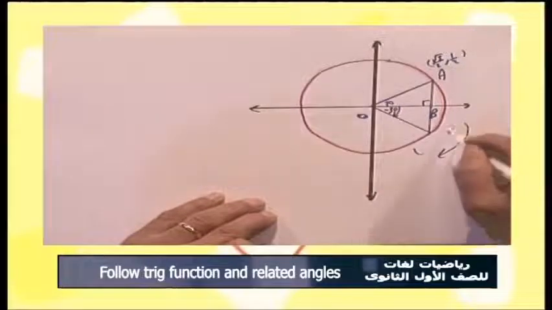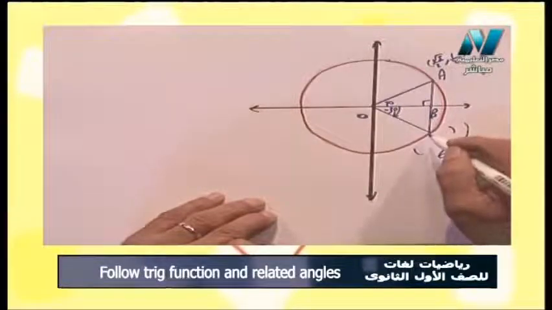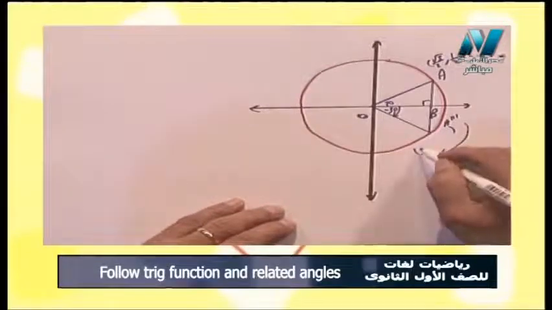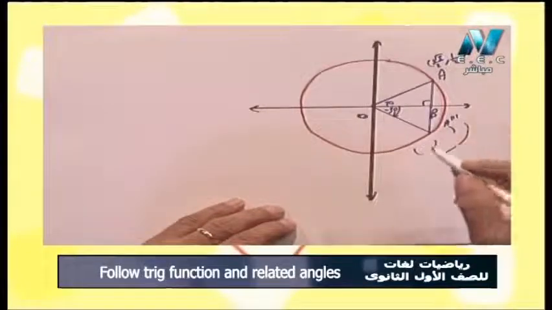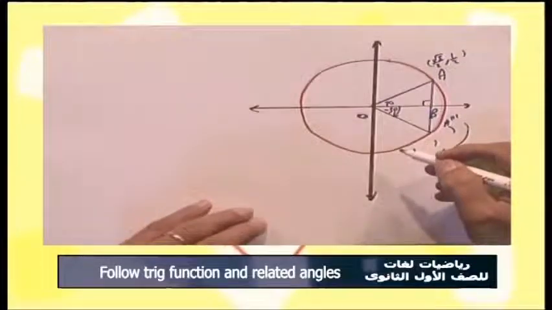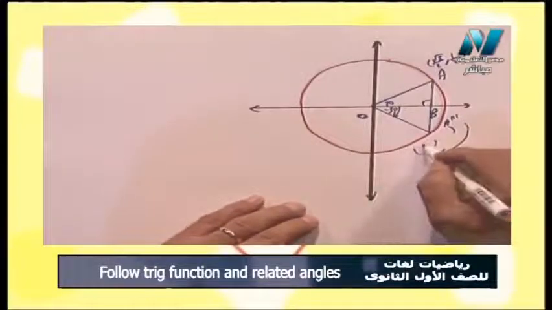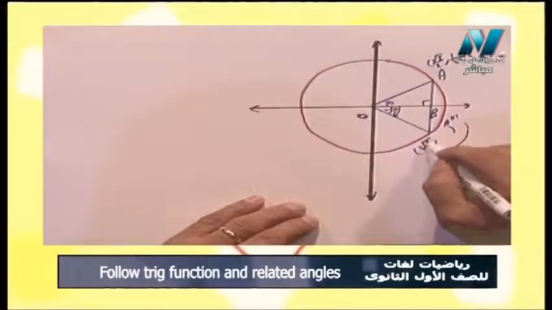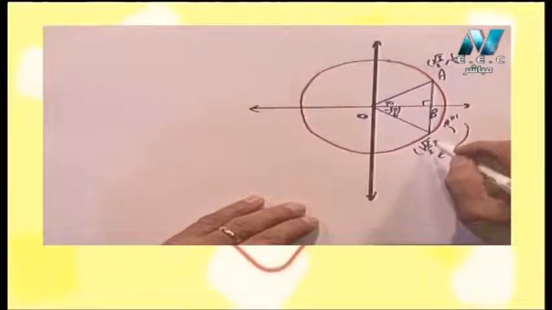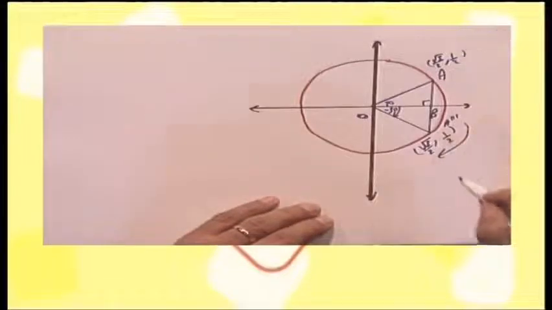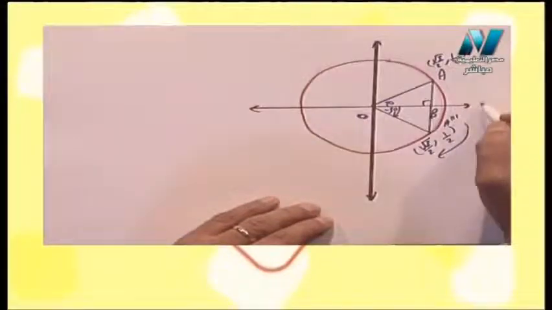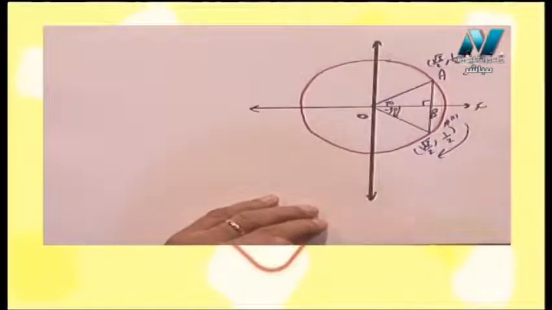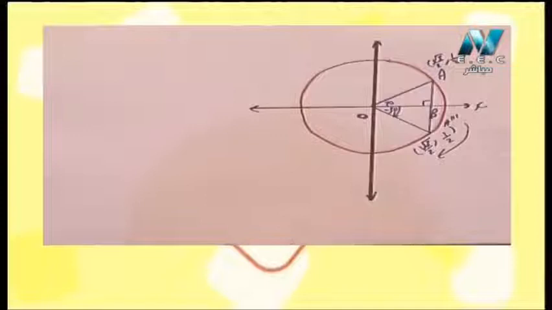And we know that the coordinates of this point, which is a triple dash here, equal, yes, okay, we have here root 3 over 2 and half, but we know that if we reflect this point on the x-axis, we will change y. So y here is negative half.